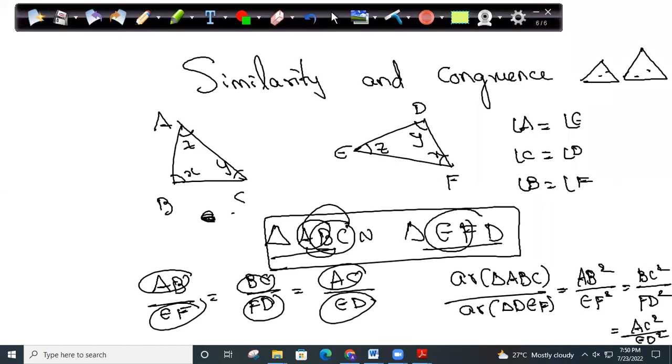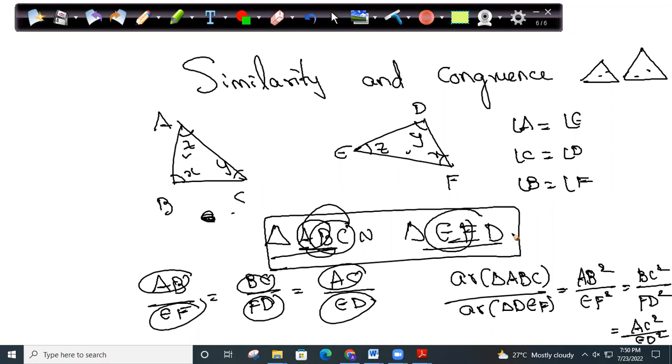Please do note down these two properties. If two angles of one triangle are equal to two angles of the other triangle, the two triangles are similar. When they are similar, corresponding sides are proportional, and the ratio of their areas is equal to the squares of their corresponding sides.